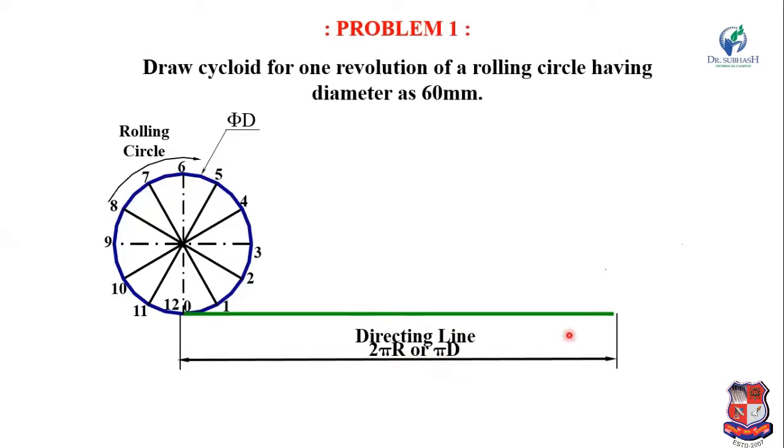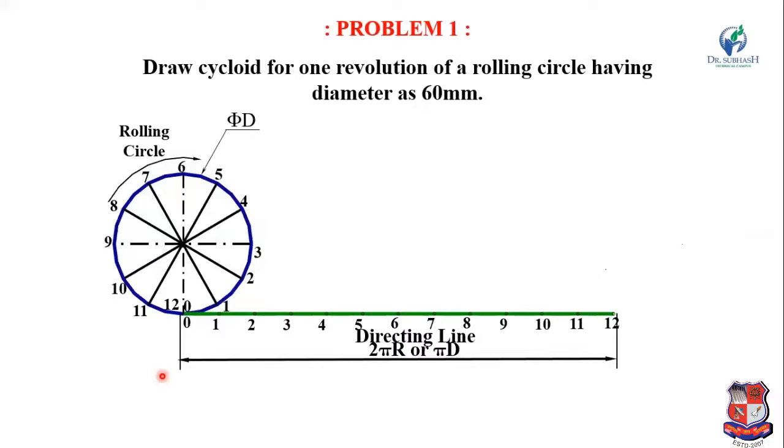Now divide this directing line into 12 divisions. The number of divisions is equal to the number of divisions of the circle. So divide this directing line into 12 divisions: 0, 1, 2, 3, 4, 5, 6, 7, 8, 9, 10, 11 and 12.